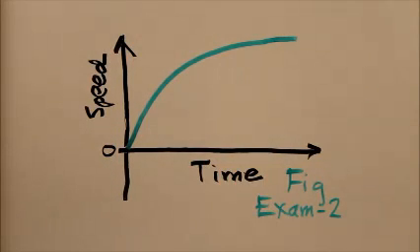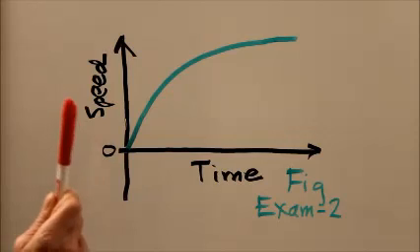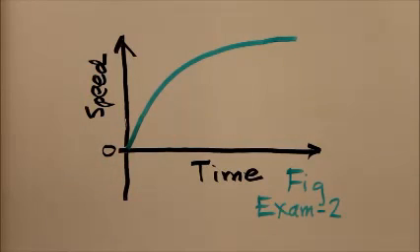The question reads, Figure exam-2 graphically portrays the instantaneous speed of an object traveling in a straight line path as a function of time. What can we say about the acceleration magnitude as a function of time? Well, acceleration magnitude is just the numerical extent of the acceleration.